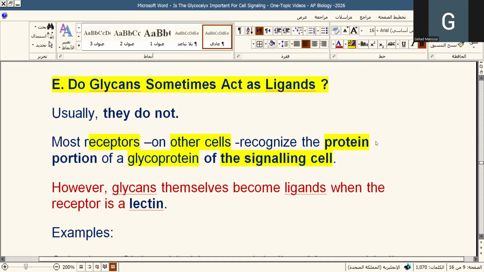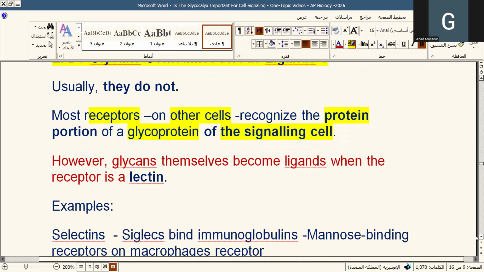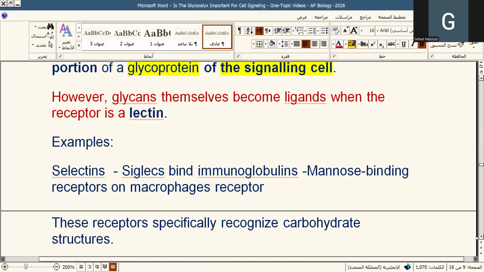So if I am a cell with a glycoprotein, and my neighboring cell has a receptor that the protein of my glycoprotein can bind, then the protein of my glycoprotein is a ligand for my neighboring cell.